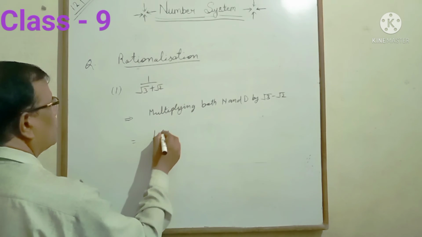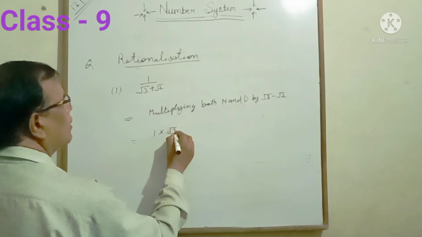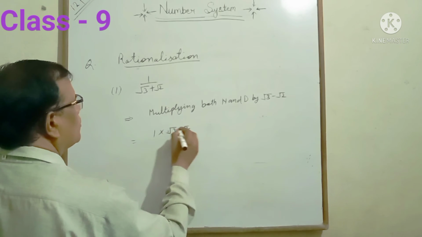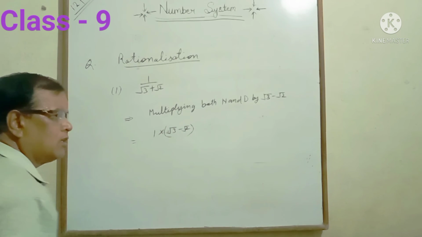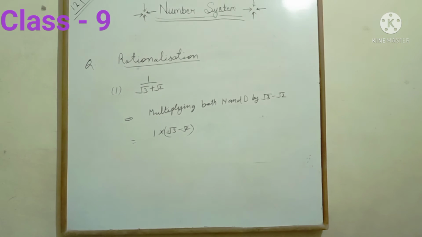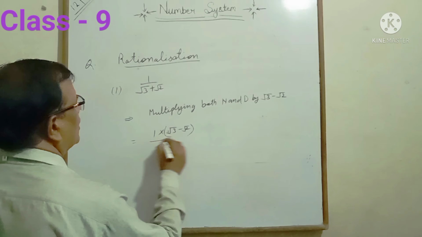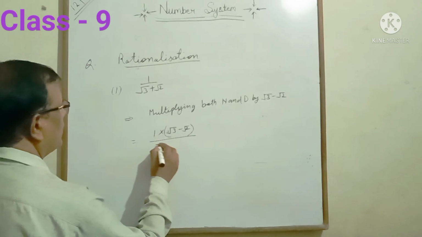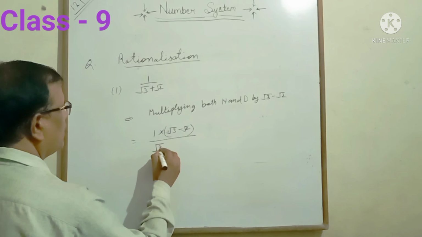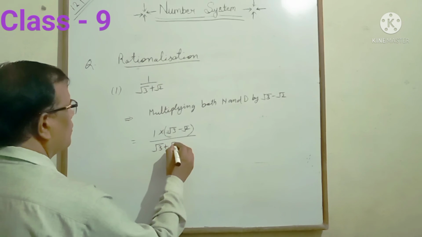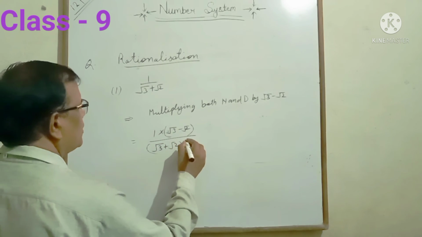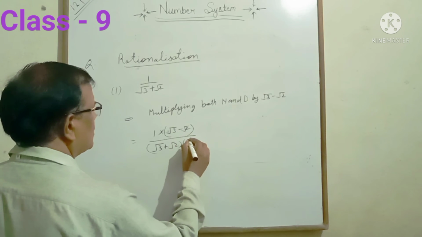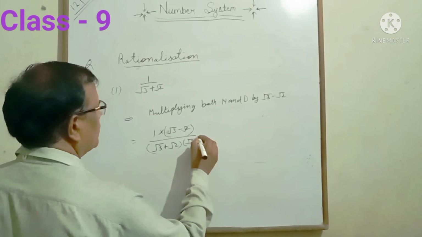Now we solve here. 1 into root 3 minus root 2. As we change the middle sign, we multiply both numerator and denominator, because we want to solve it, not change the value. The value should be the same; it means the question should be unchanged.